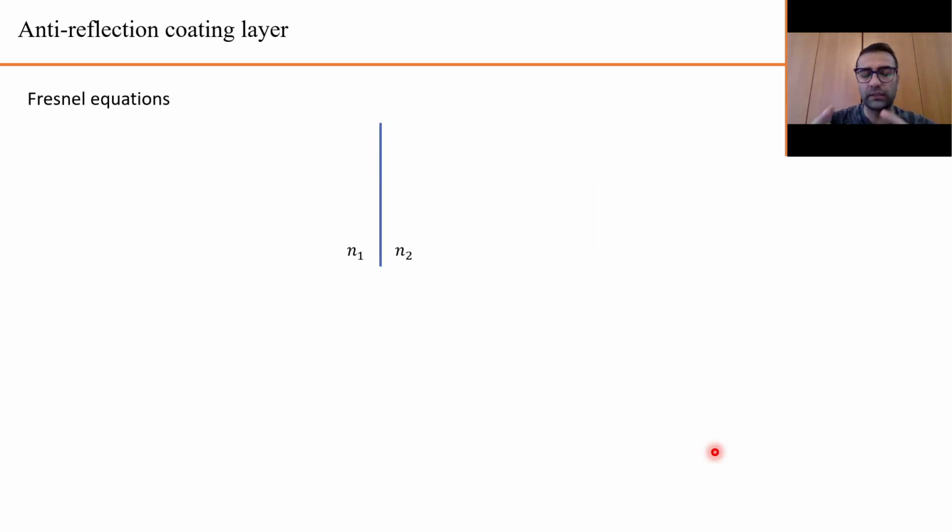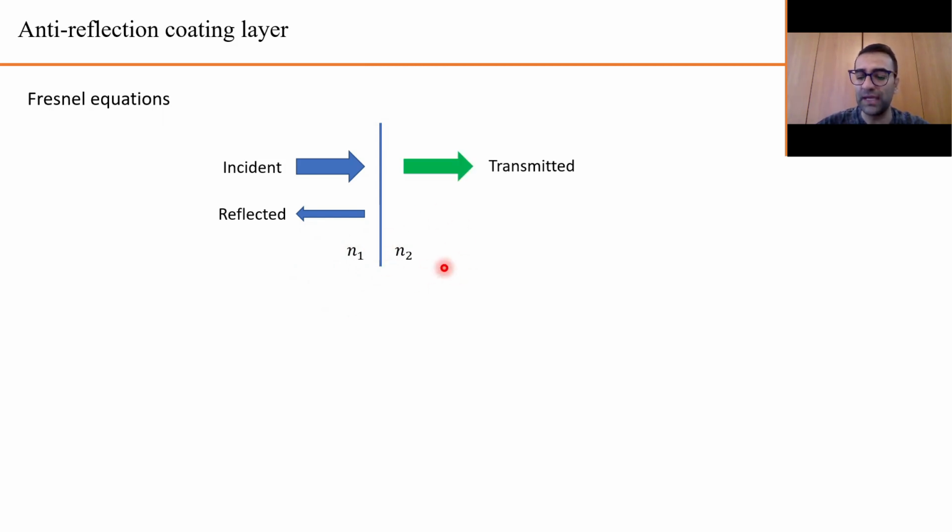From electromagnetics, we know that when an electromagnetic wave or light comes to some interface, some portion of this wave will be reflected in general, and some portion of this wave will be transmitted to the second medium. Here we have the interface of the first medium and the second medium. The refractive index of the first medium is N1 and the refractive index of the second medium is N2.